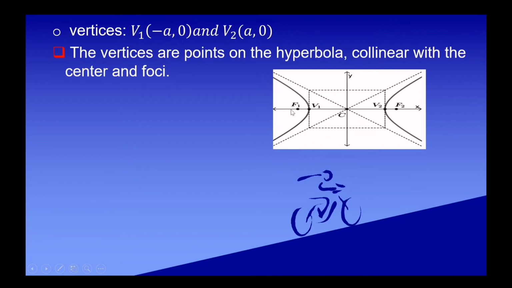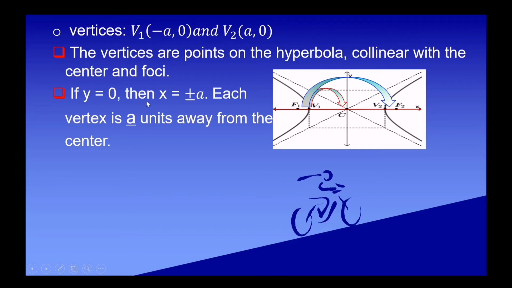So okay, ito yung ating direction, F1 to center, F1 to vertex B2. It represents this line as the collinear.